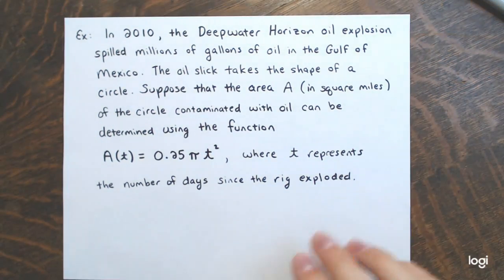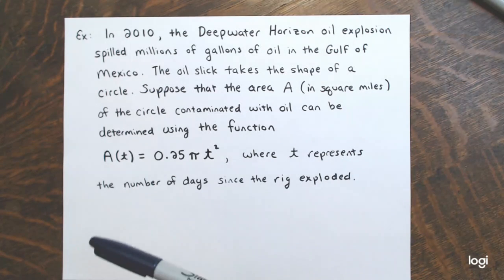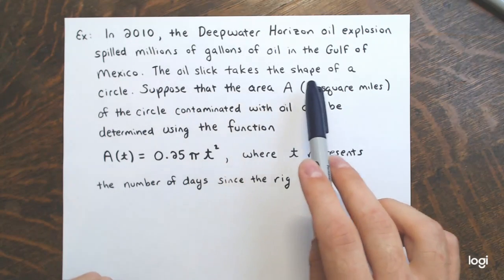So here's the problem I pulled. In 2010, the Deepwater Horizon oil explosion spilled millions of gallons of oil in the Gulf of Mexico. The oil slick takes the shape of a circle.